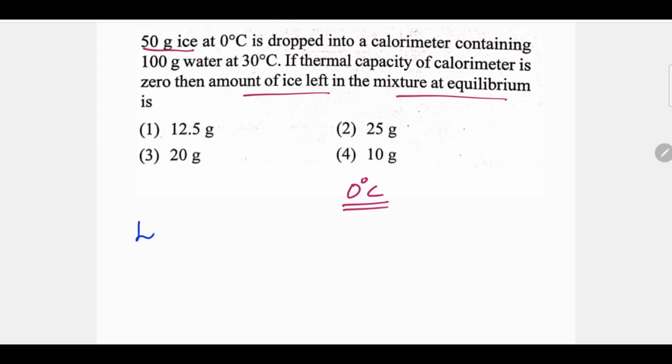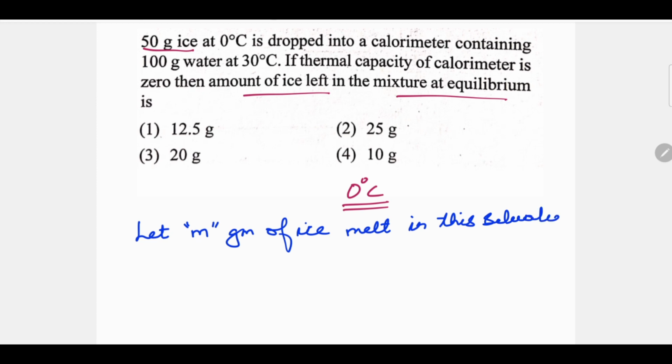So we can assume like this. Let m gram of ice melt here. According to the situation given in the question, we have to think like this. Only m gram of ice is melting. So for that melting, heat is supplied by 100 gram of water at 30 degrees Celsius.